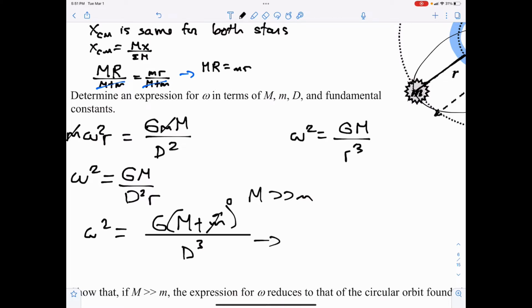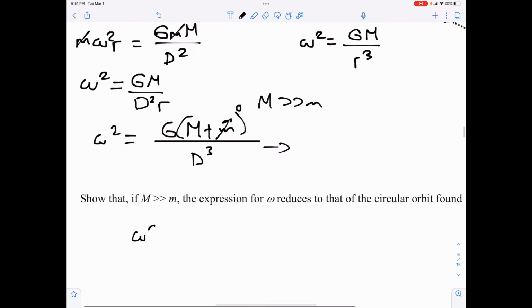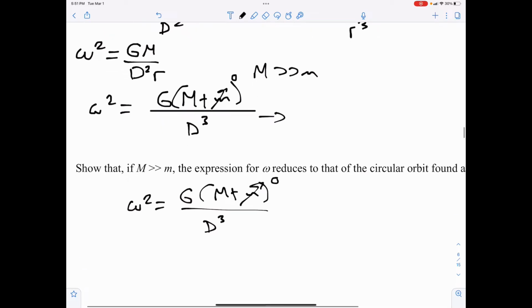And so this equation reduces to, that essentially goes to 0 if it is so much smaller than big M. And so omega squared is simply big G, big M over d squared.